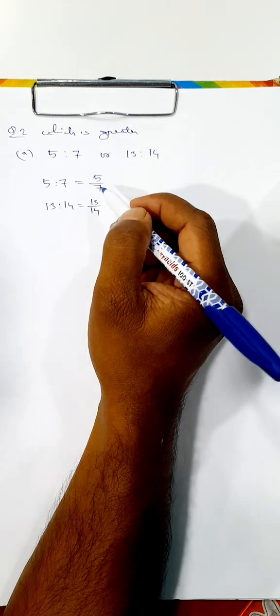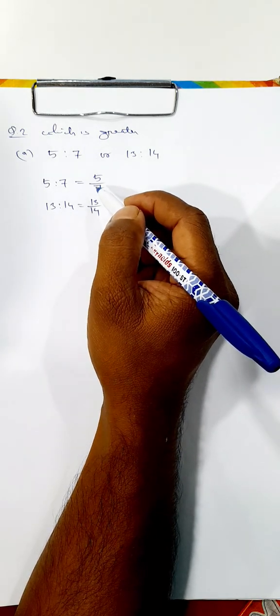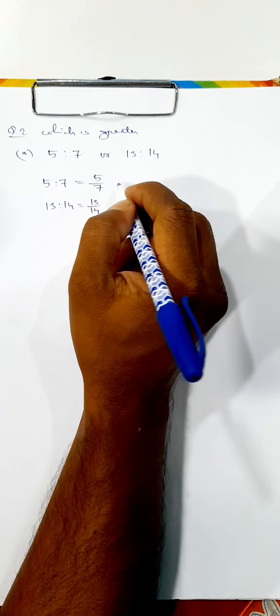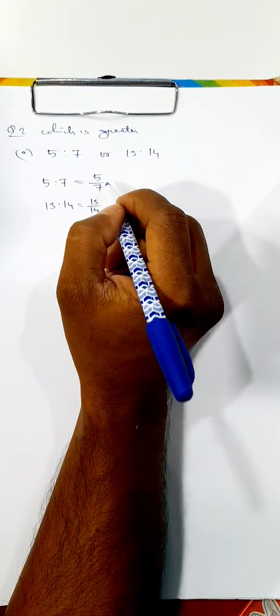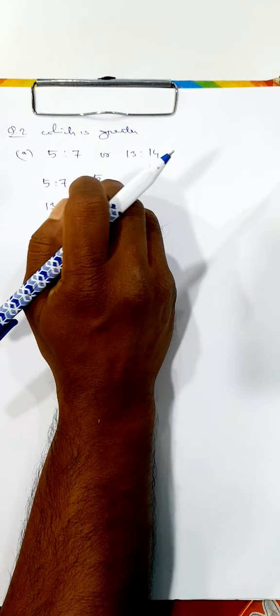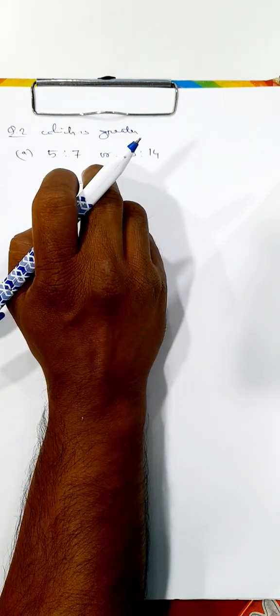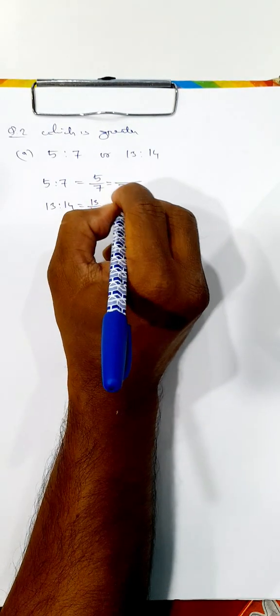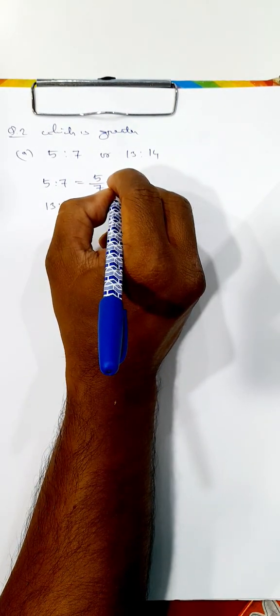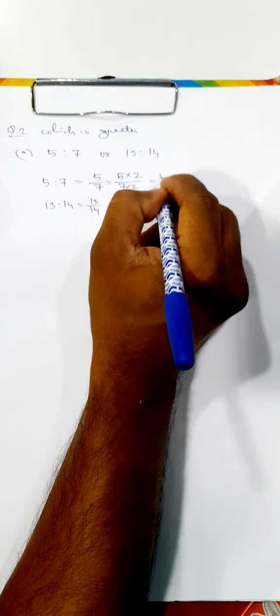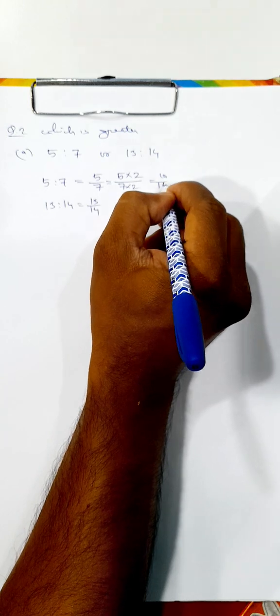Now earlier we have discussed that when you multiply both numerator and denominator of a fraction by the same number, it becomes an equivalent fraction. Value will not change. So if we want to convert this ratio or fraction with denominator 14, this becomes 7 multiplied by 2. So the same number you have to multiply with numerator 5 to get 10 by 14.